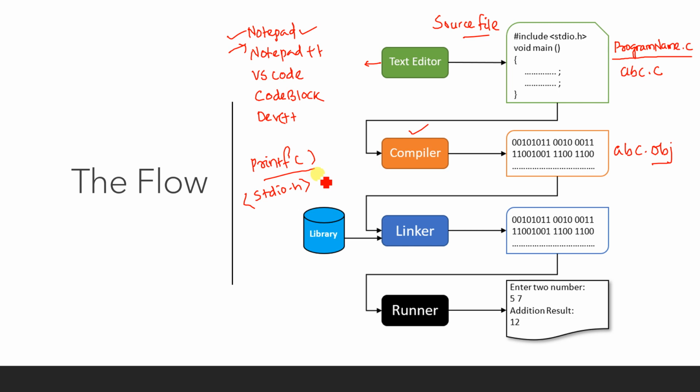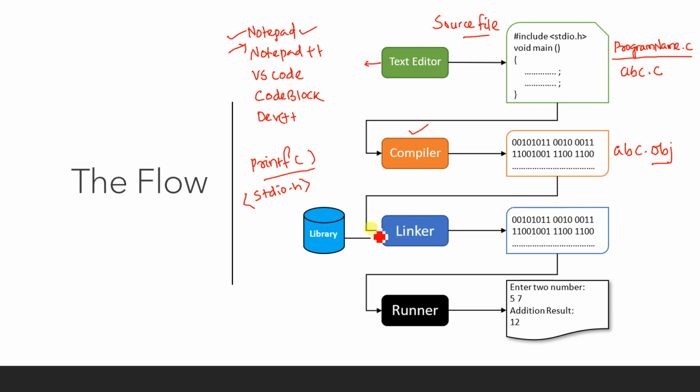It means the functions present inside it are already provided when you install a compiler into your computer. So when you write a program and use printf, scanf or some other functions, those functions are present in these libraries. So you need to link those libraries to your program code. Fine.